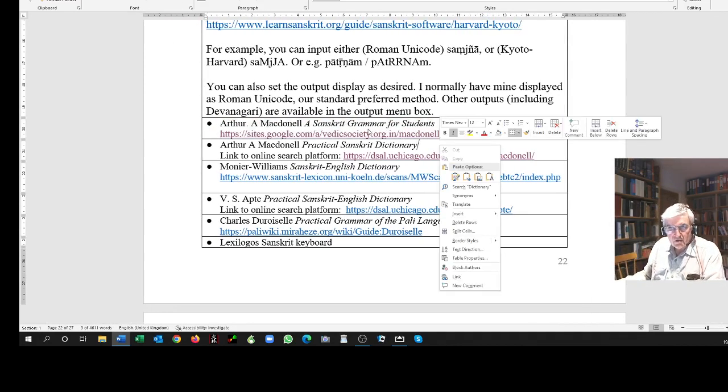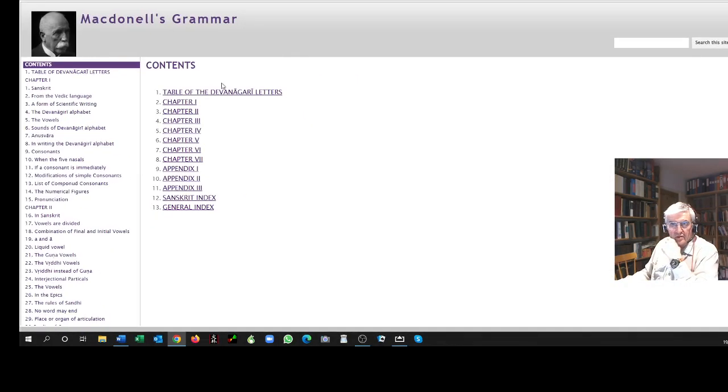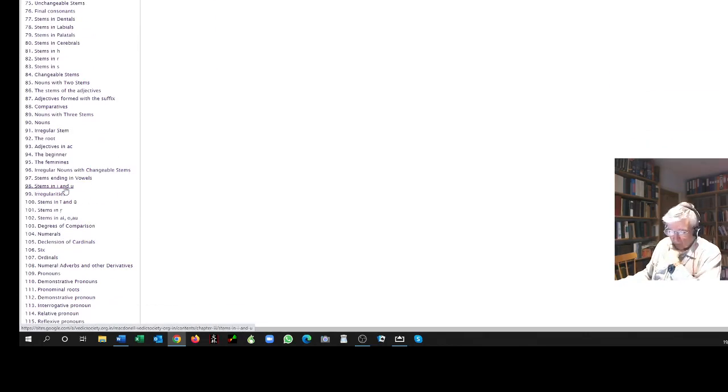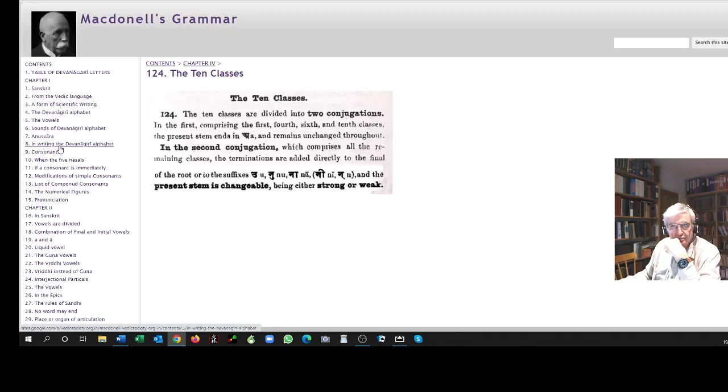So I'll click on this one to call it up. Sorry, damn cursor. Here we are. So Macdonell Sanskrit Grammar, and we're looking at his section 124, the 10 classes. So look at paragraph 124, the 10 classes.